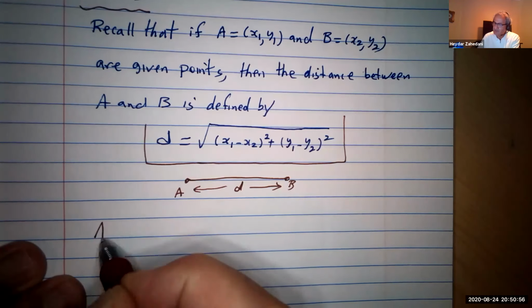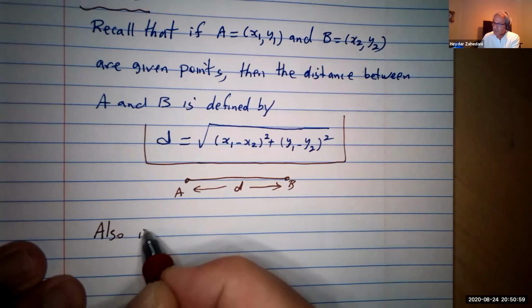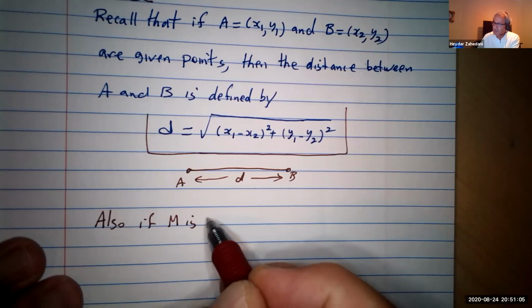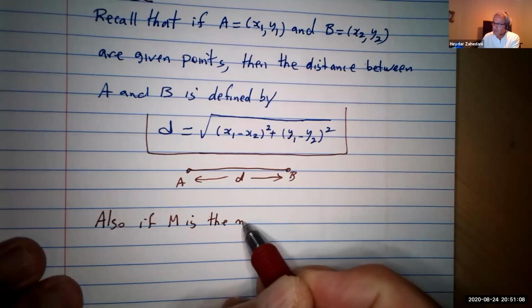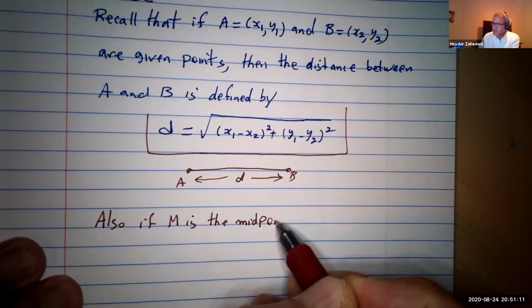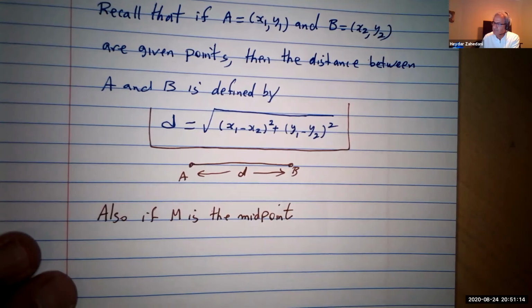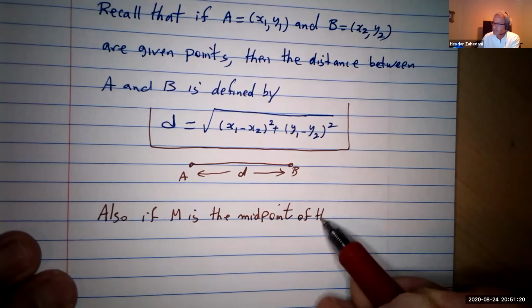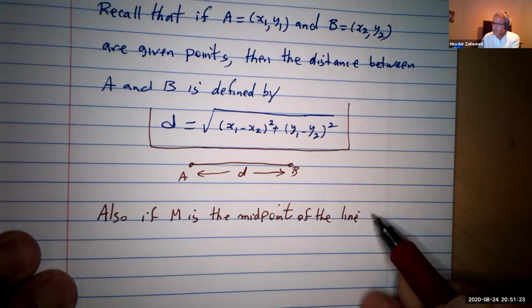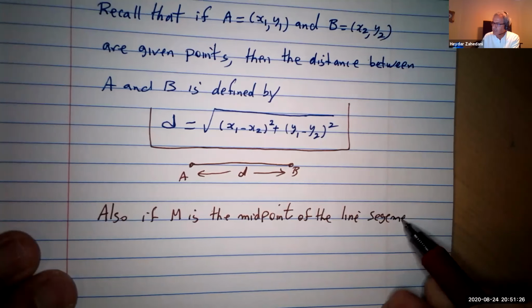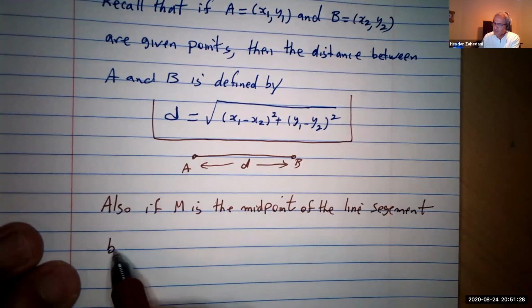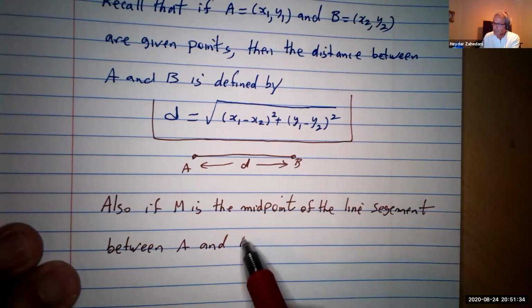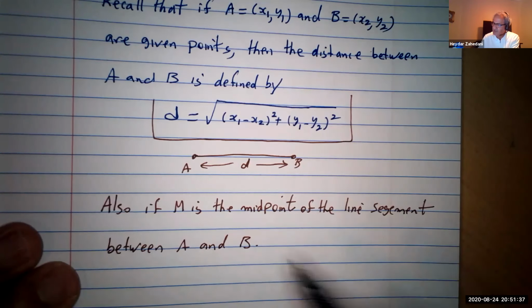Okay, so also, if M is the midpoint of the line segment between A and B, that's going to be the one.